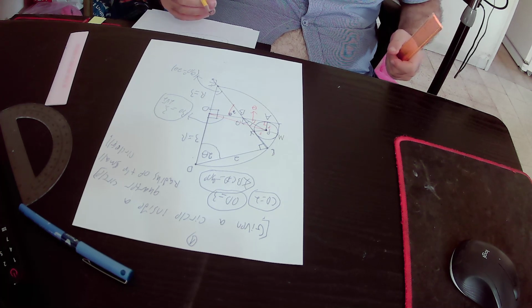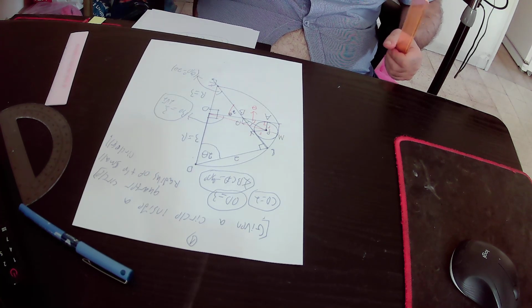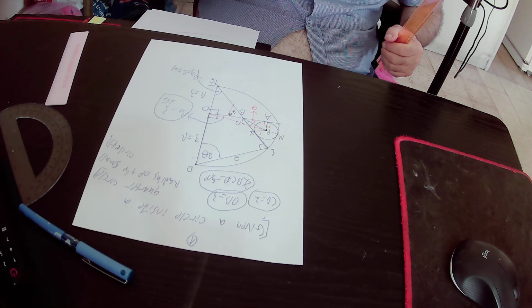Point M is the touching point between the small circle and the semicircle.